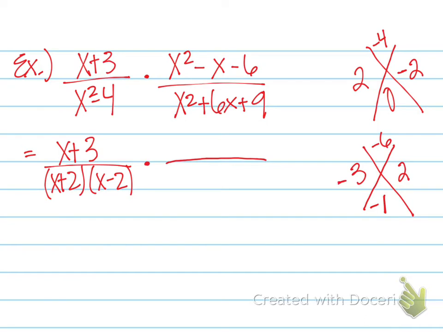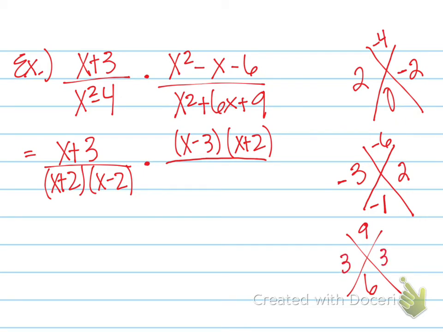This one, the 3. So we have an x minus 3 and an x plus 2. And if we simplify the last one, we have a 6 in the bottom and a 9 up top. And we know that one has to be 2 positive 3s. So we've done step 1.